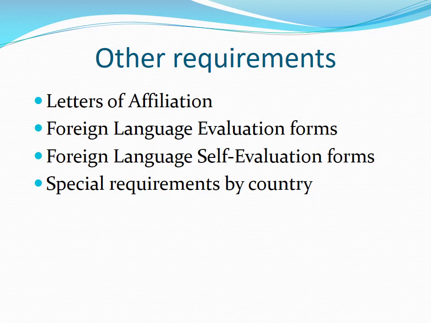This is most often a faculty member at a university abroad, but depending on the country and their rules for affiliations, it could potentially be an NGO director or someone at an archival library who would be supervising your research, or maybe a lab director at a research institute. It really depends on your particular situation, and I'm happy to answer questions about that.